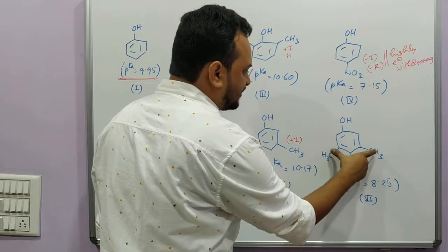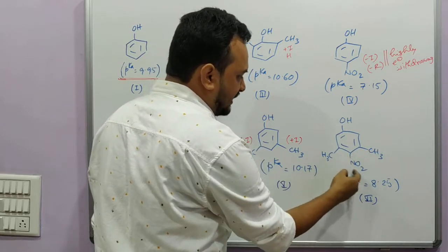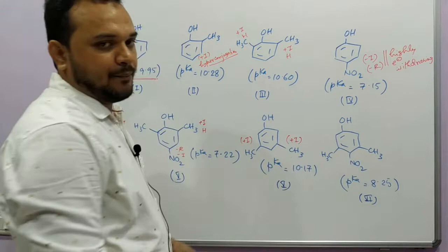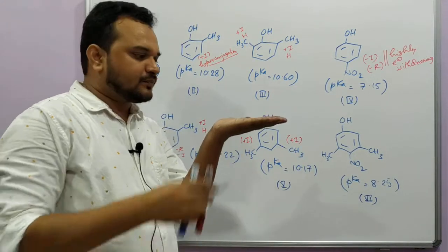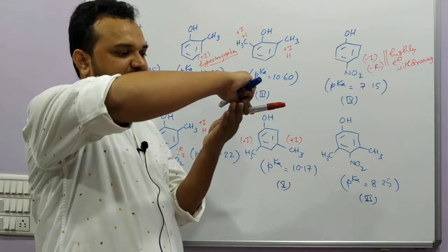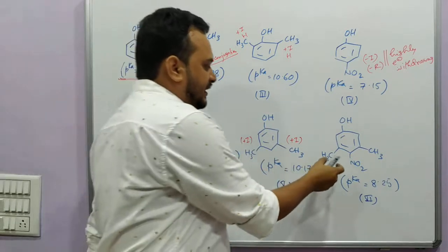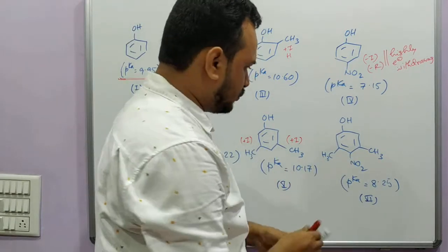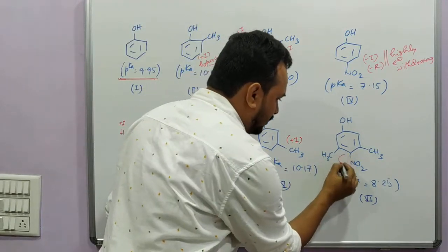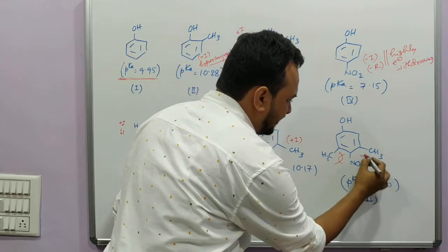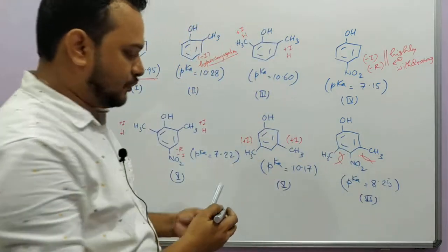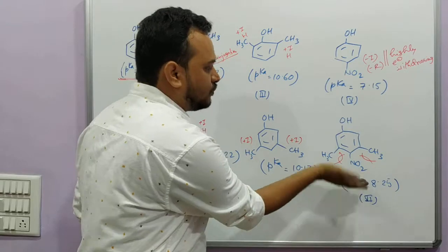These two methyl groups actually compel this nitro group to go out of plane. Benzene is a planar molecule. These two methyl groups show some steric interaction with this bulky NO2 group. As a result, this NO2 goes out of plane.